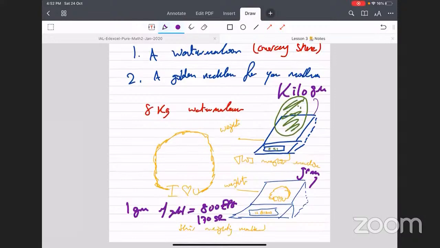So 1 gram will buy about 20 watermelons or so. So the gram will make a very big difference. So these two machines have different accuracies.